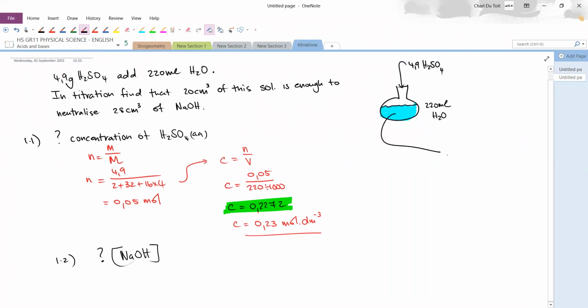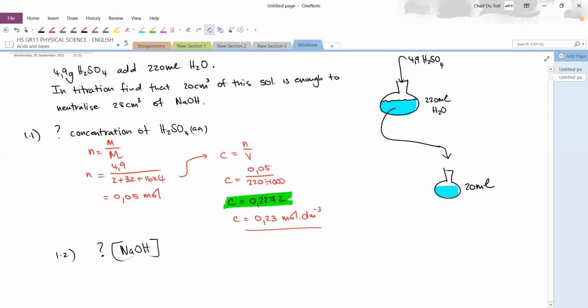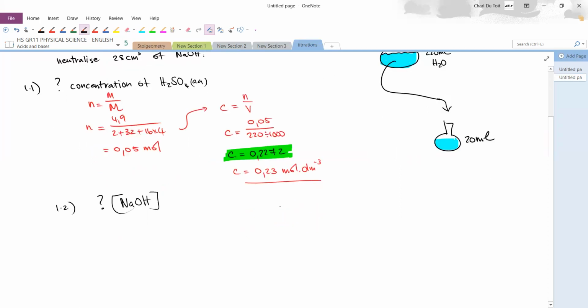We only used a small amount, 20 milliliters in our experiment. We also need an equation, otherwise we can't do it. They'll give this; I'm not going to expect you to write out the equation.